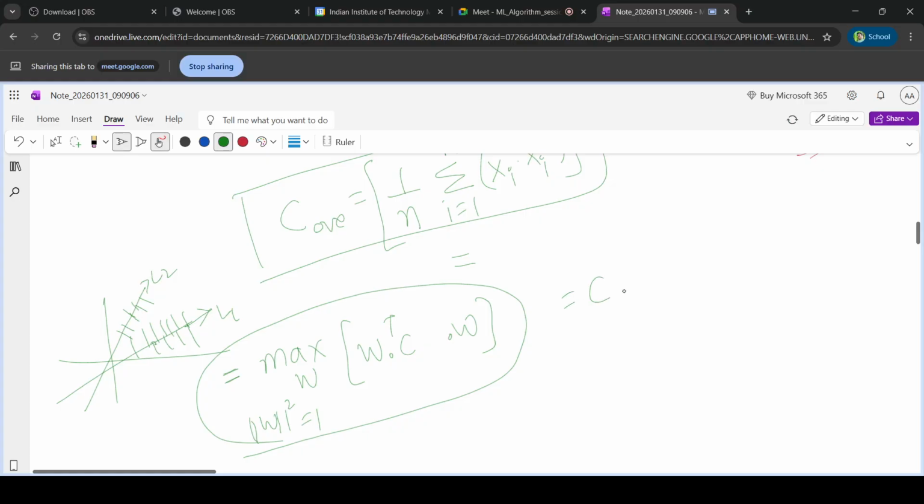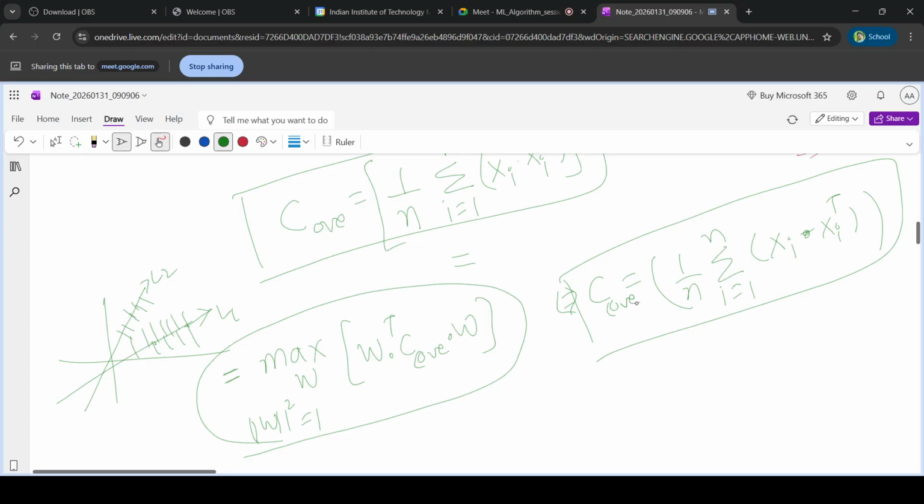And what is C? C is the covariance matrix, which can be written as 1 upon n, summation of i from 1 to n, xi into xi transpose. This is the C value, the covariance. So this is your covariance matrix.